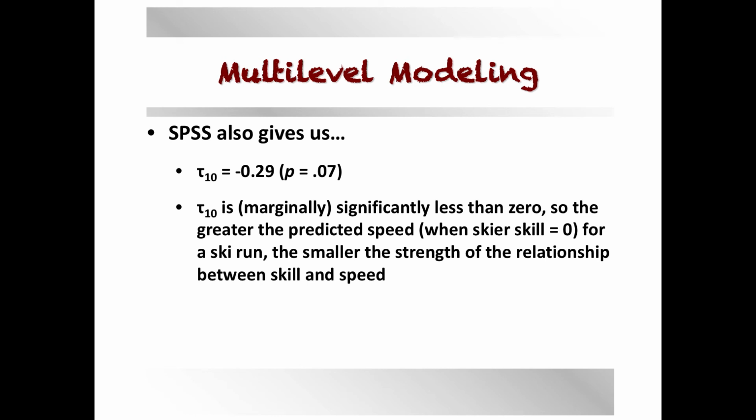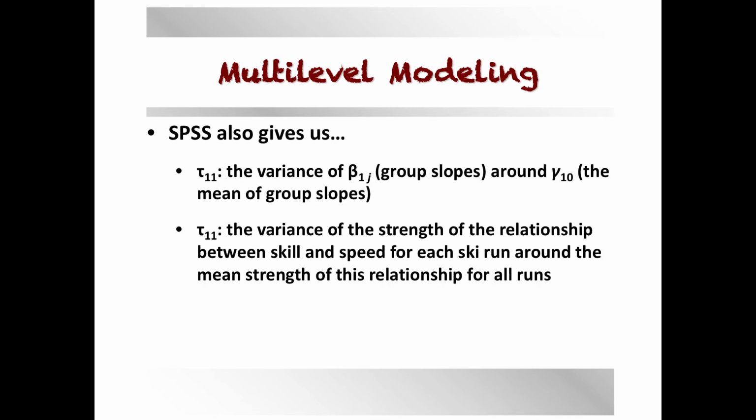If the predicted speed is greater, that means the intercept is higher. People are flying down the hill a little bit faster on this run. If that's the case, then skiing skill matters less, the smaller the strength of the relationship between skill and speed. So it's a little bit counter to the hypothesis that I put together just now. But what do I know about skiing?